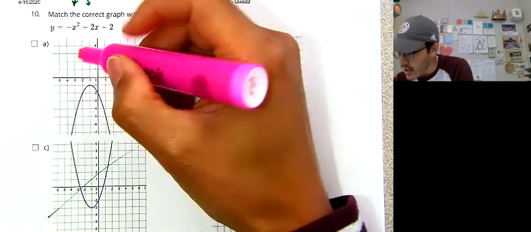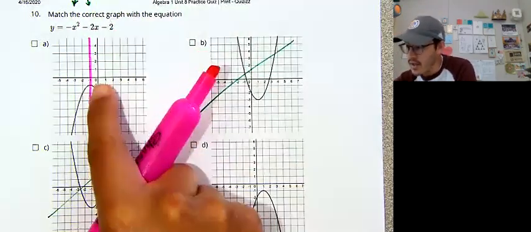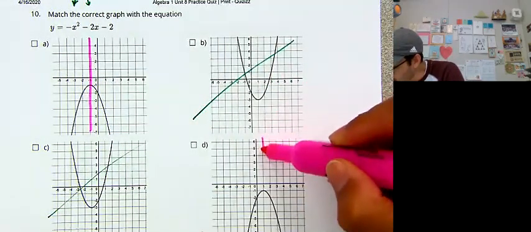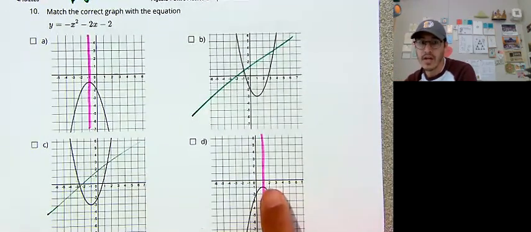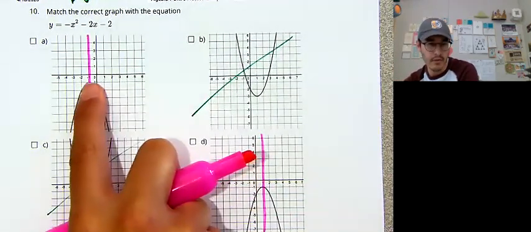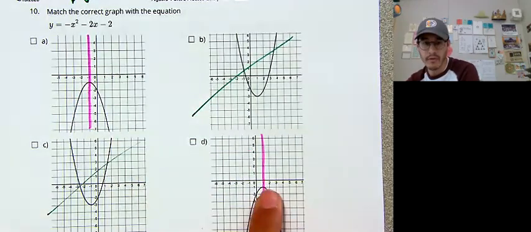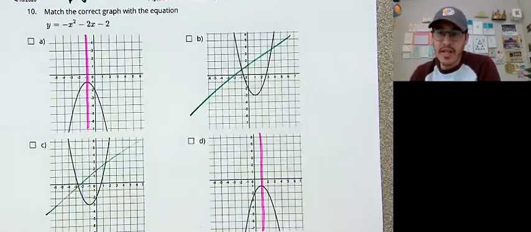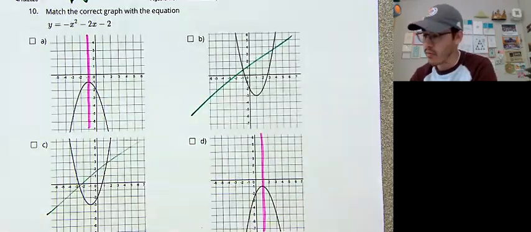But choice A has an axis of symmetry that passes through -1, and choice D has an axis of symmetry that passes through +1. I don't know if I said -1 here. I meant -1 for graph A and +1 for graph D. So if we can just calculate the axis of symmetry, then we can determine which of these two graphs is the correct one.